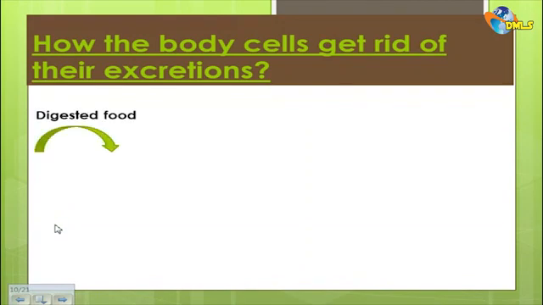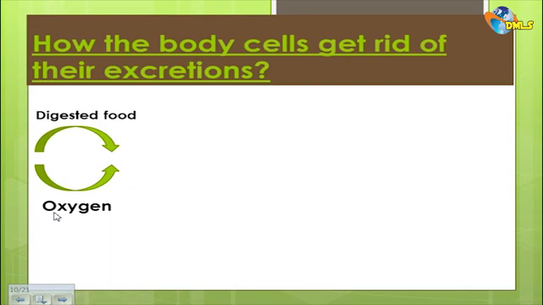How do the body cells get rid of their excretions? When food enters the digestive system, we have the digestion process, so we will have digested food and undigested food. The undigested food is stored in the large intestine to be expelled out of the body.